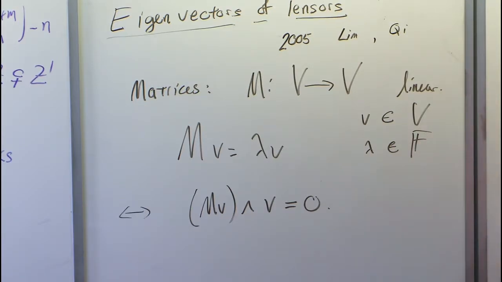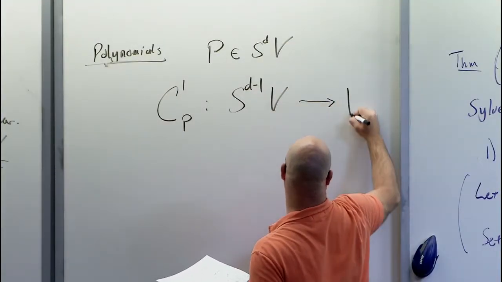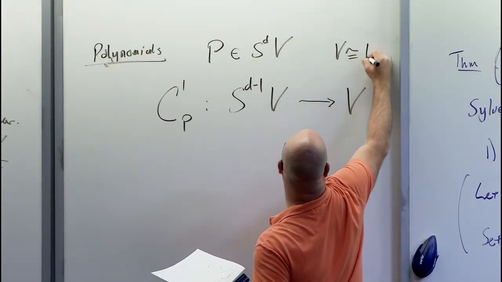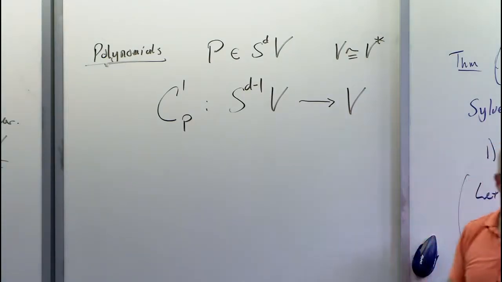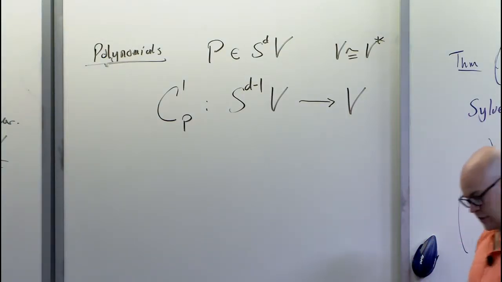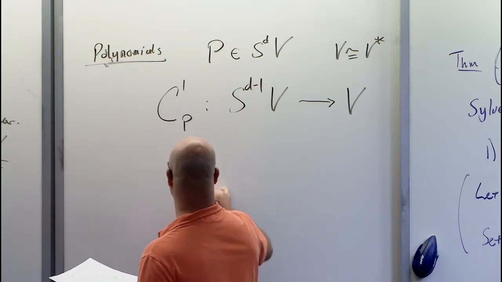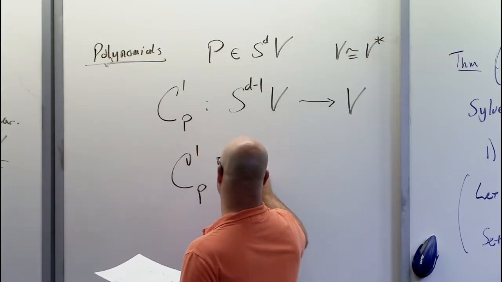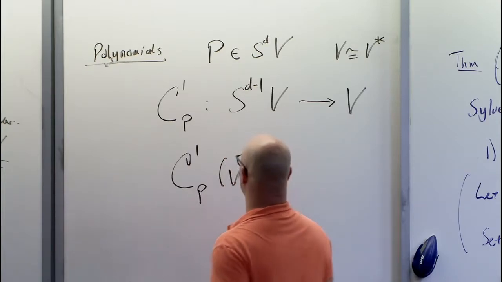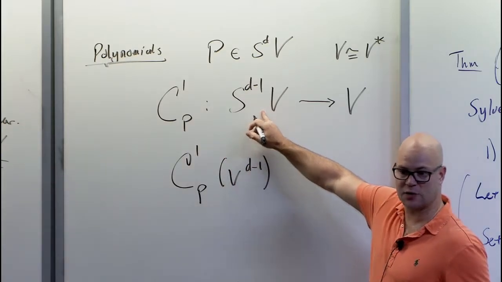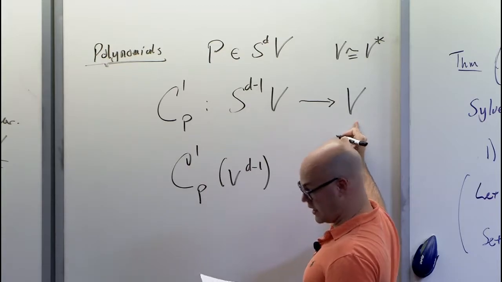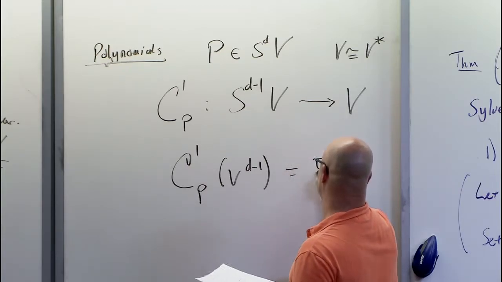So I'm going to do the first flattening. And maybe Jan doesn't like this, but I'm going to say V is V star. So just ignore all the stars in the picture. So this will be a way I can define an eigenvector. The contraction of p with v, now I can eat something of degree d minus 1 and spit out a vector in V again, is some lambda v.